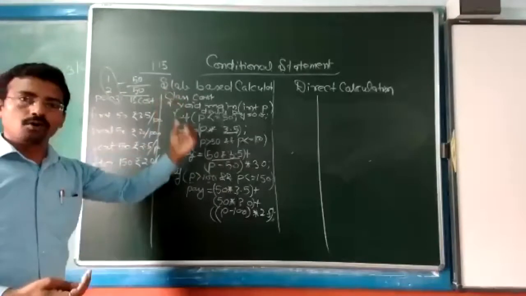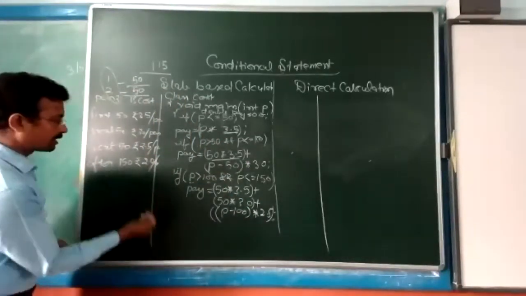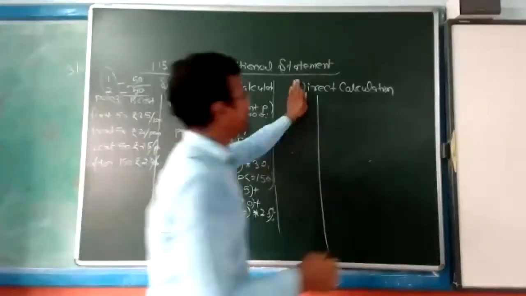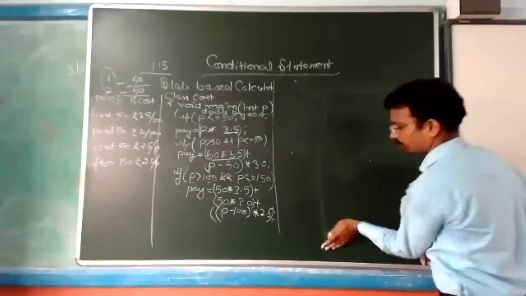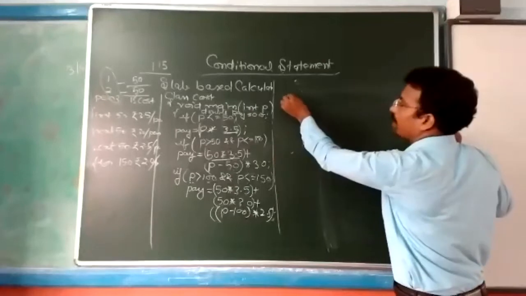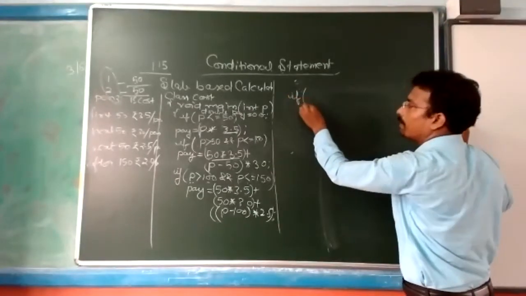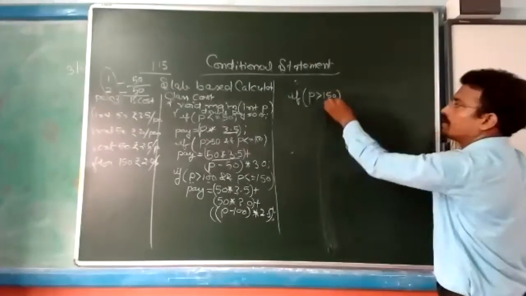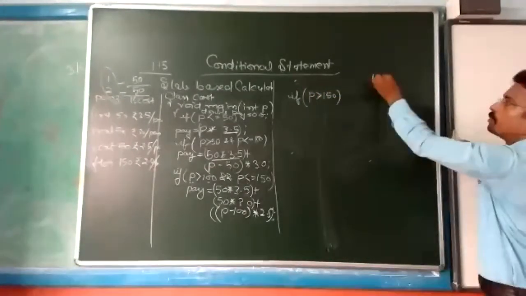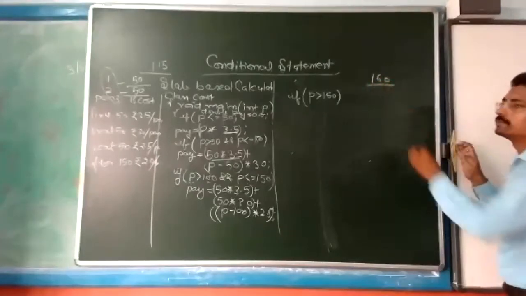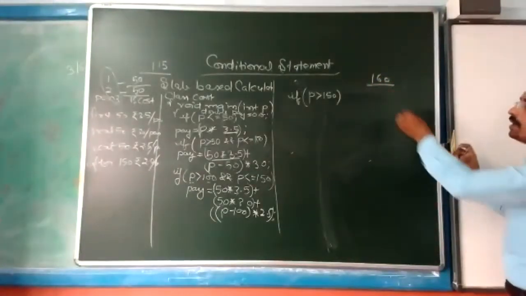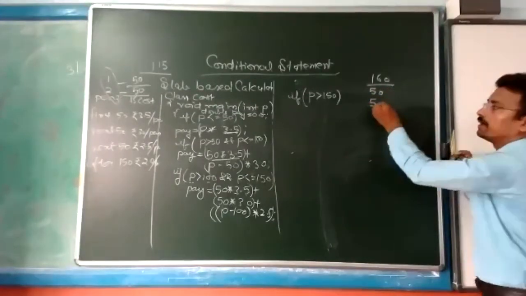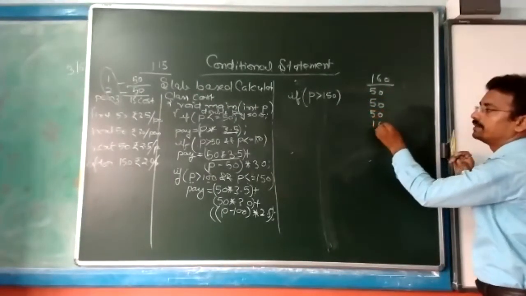Now if I go one more, suppose the last condition, and the last condition is saying this way: if P is more than 150, meaning our taking value is suppose 160. So 160 means 50 plus 50 plus 50 plus 10.